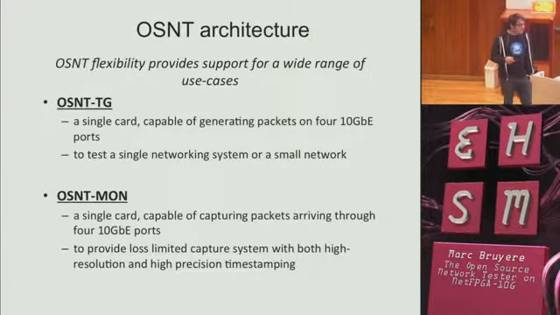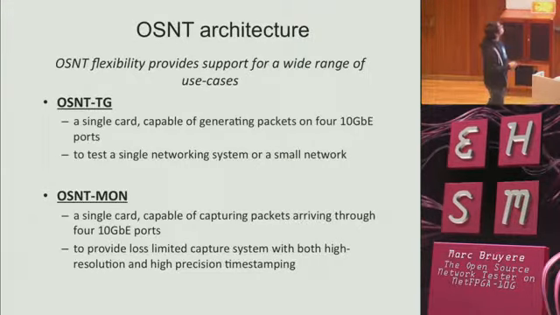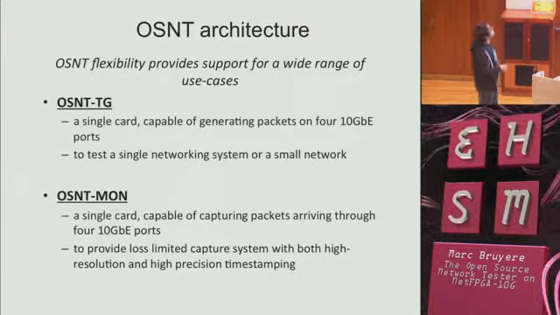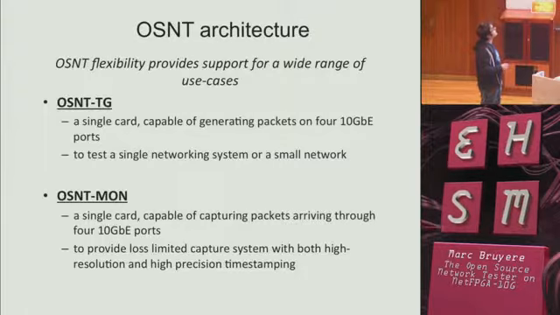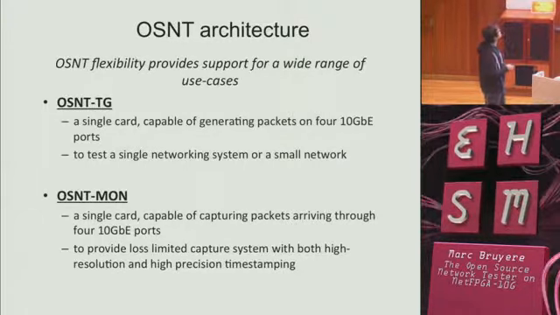Then the architecture part: I just mentioned the two parts. The traffic generation part is able to run at line rate on the 10 gig port and, obviously, to test, as mentioned, for the small market and do the same thing.